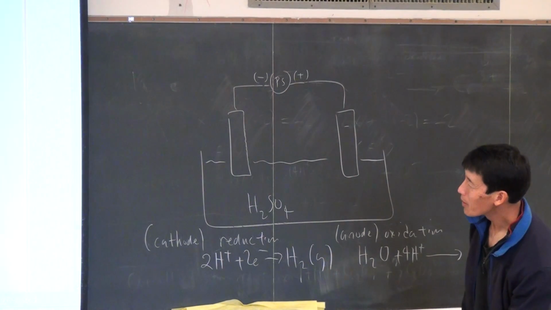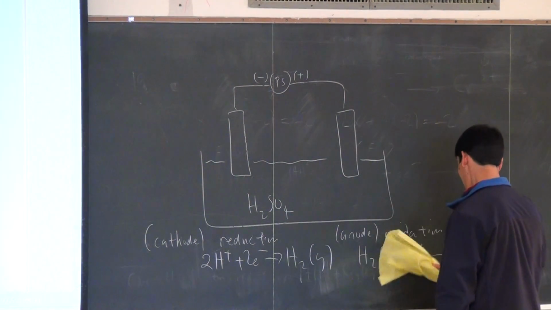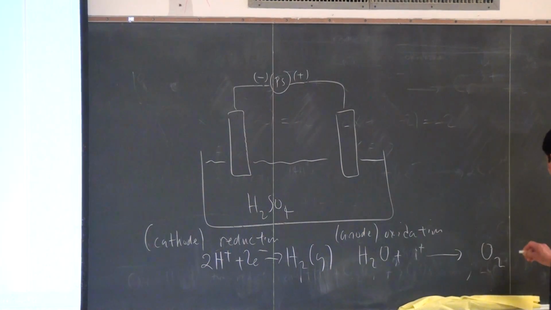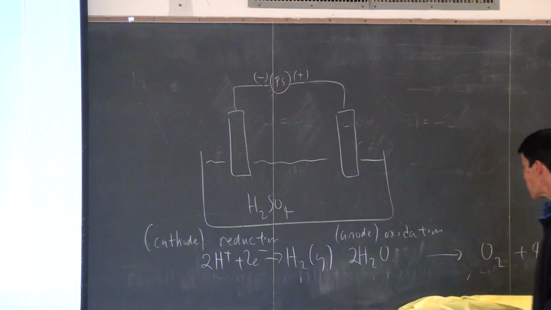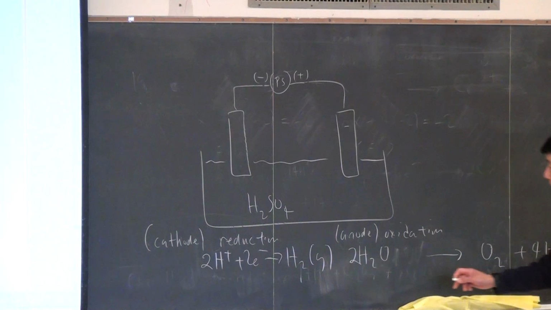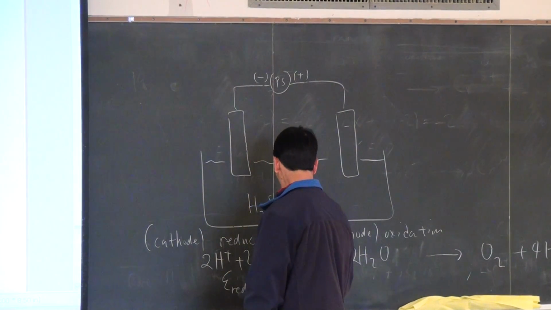Let's see. No, wait a second. This should be on the other side. Okay, this should be plus 4H plus 4 electrons. And it should be a 2 in front of the H2O. Okay, so this is the reaction occurring here. So we said that for this reduction, this is 0 volts.